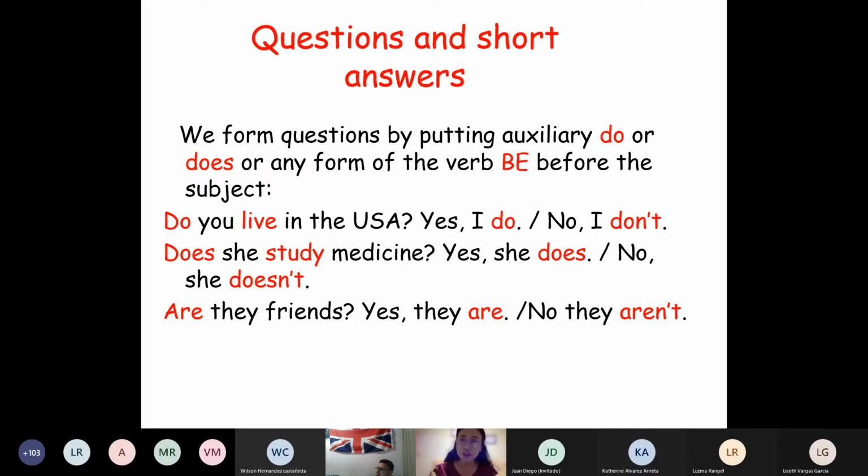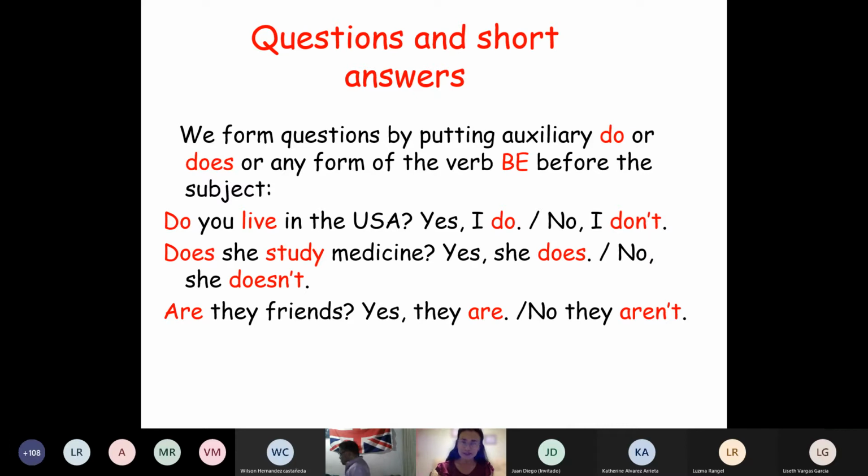When you have these short questions, remember, the answer is yes or no. So, do you live in the USA? There are two possible answers, affirmative or negative. Yes, I do, or no, I don't. And when you have does for the third person singular, does she or does he study medicine?